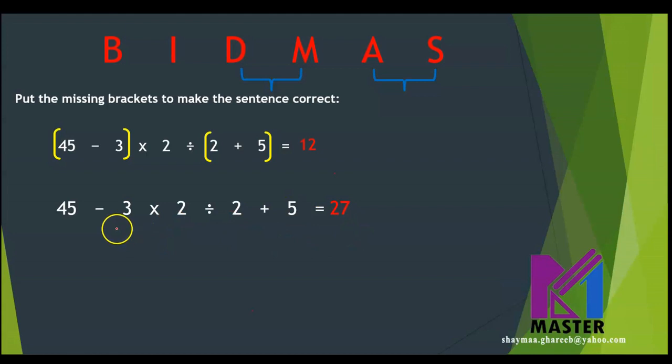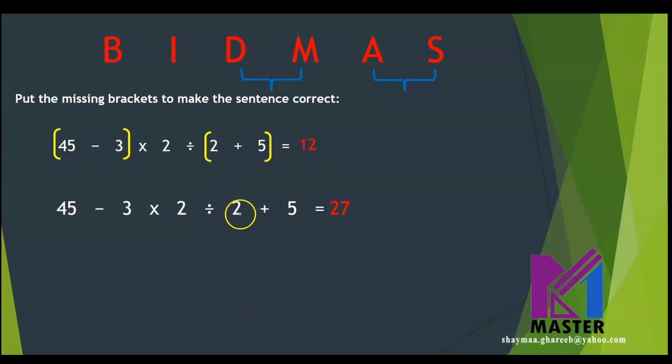Can I make these calculations 18? Let's look at the numbers and decide. I have 3 times something. So, do you know any number that when you multiply it by 3 gives you 18? 6. Can I make the rest of these calculations 6?